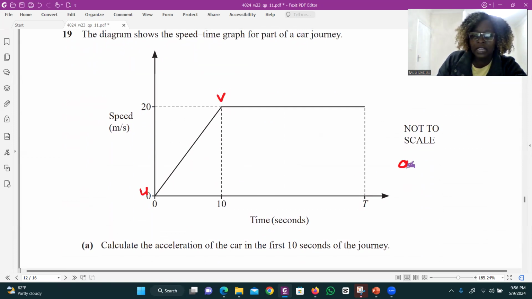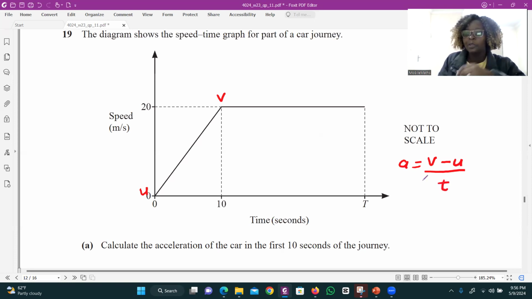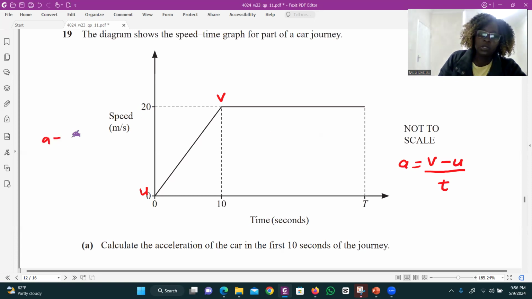I can say acceleration is equal to final velocity minus initial velocity over time taken. I'm not doing a physics part here, but someone can just take the speed divided by time. You still get the same correct answer, where you say acceleration is equal to speed divided by time.